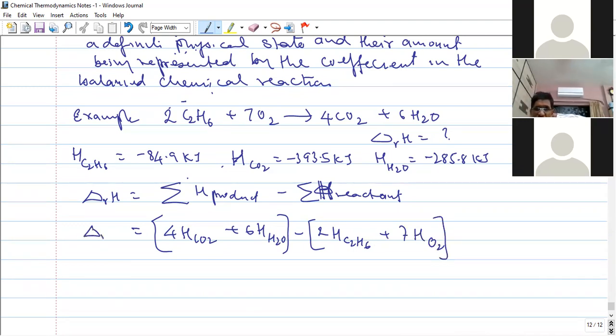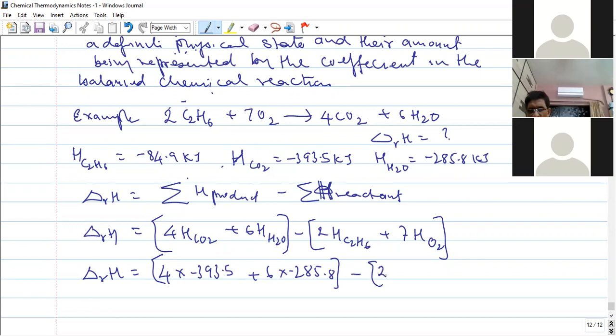So enthalpy of reaction कितना आएगा? 4 into carbon dioxide का वैल्यू कितना है? Minus 393.5, plus 6 into water. Water का वैल्यू कितना है? Minus 285.8, minus 2 into ethane, minus 84.9, plus 7 into enthalpy of oxygen.